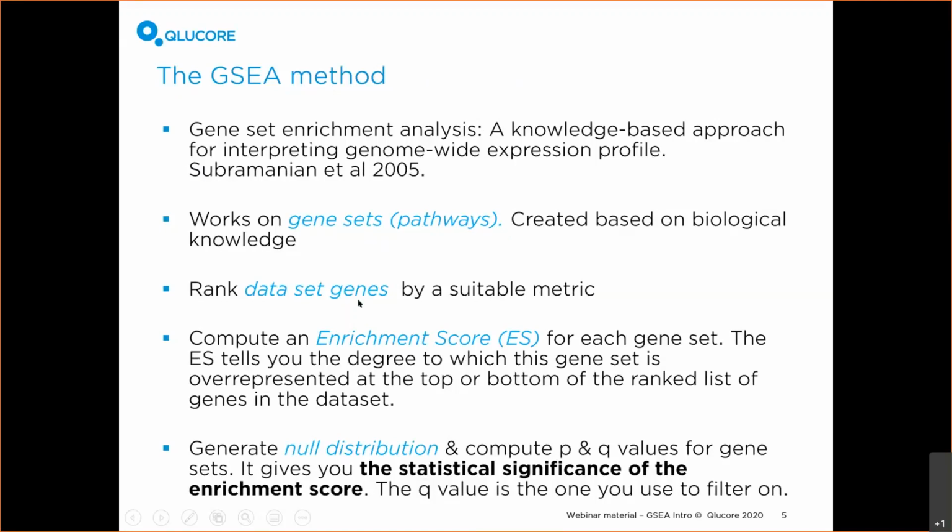Then you rank your data set by a suitable metric, and you compute the enrichment score for each gene set. The enrichment score tells you if you have an overrepresentation in the top or the bottom of the ranked list of the genes in your data set. Then you also compute the P and Q values to establish if your results are statistically significant.